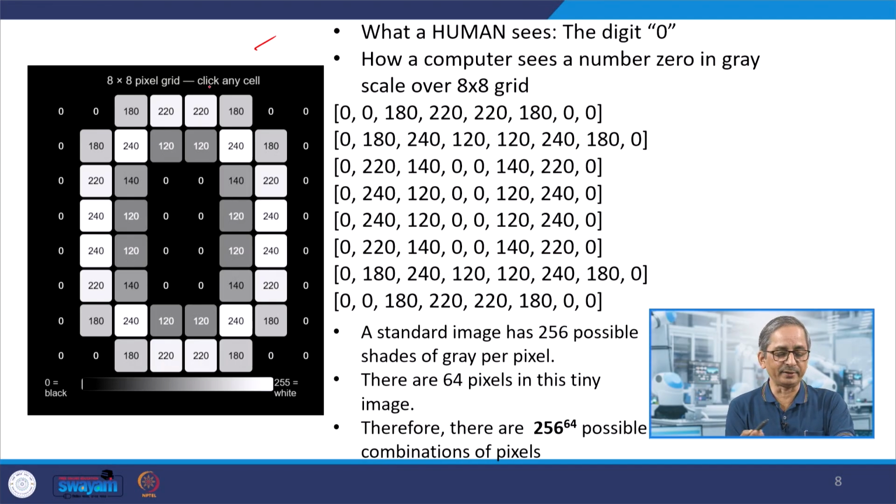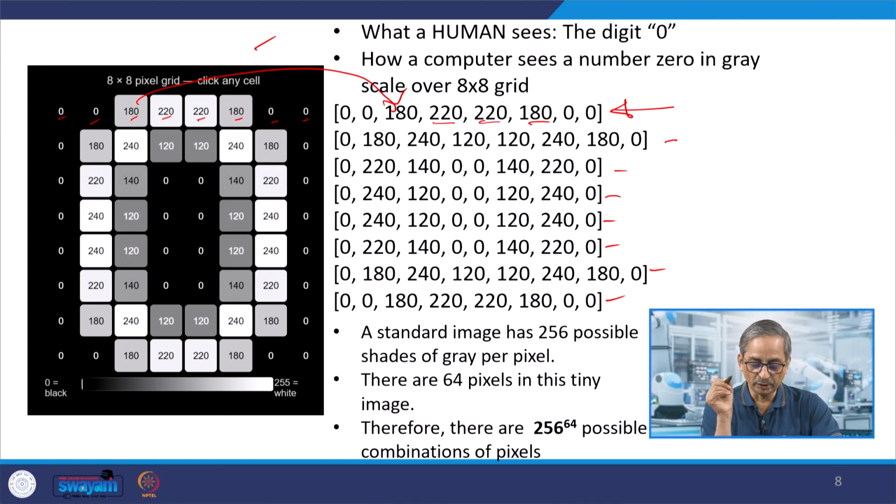It is an 8 by 8 grid. Here the first row is 0 0 180, 180, then you have the other numbers. Likewise, we have the information of all the 8 rows, where these numbers represent the pixel intensities.